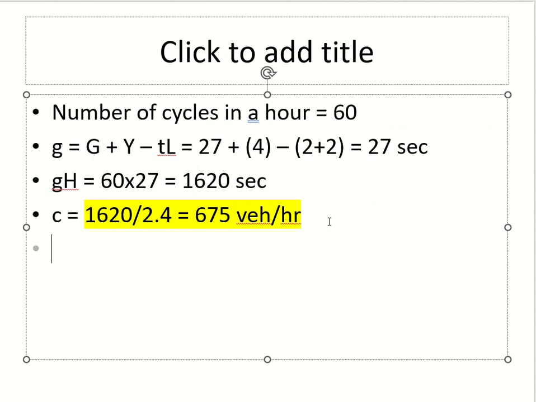The other method is by using the ratio between the green time and the cycle length. So effective green time you already calculated, right? 27 seconds.